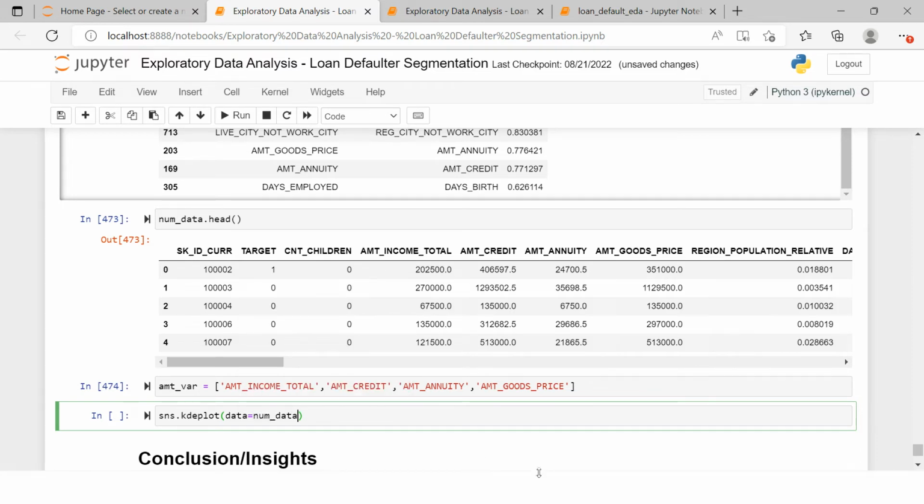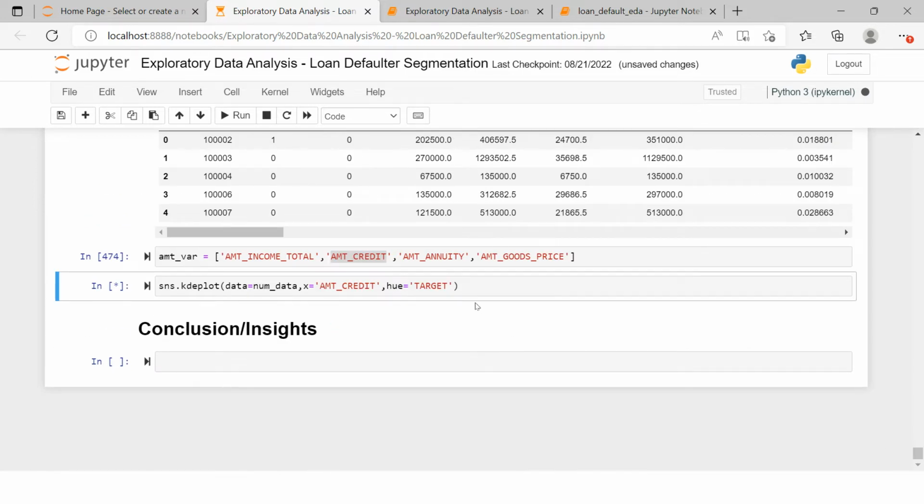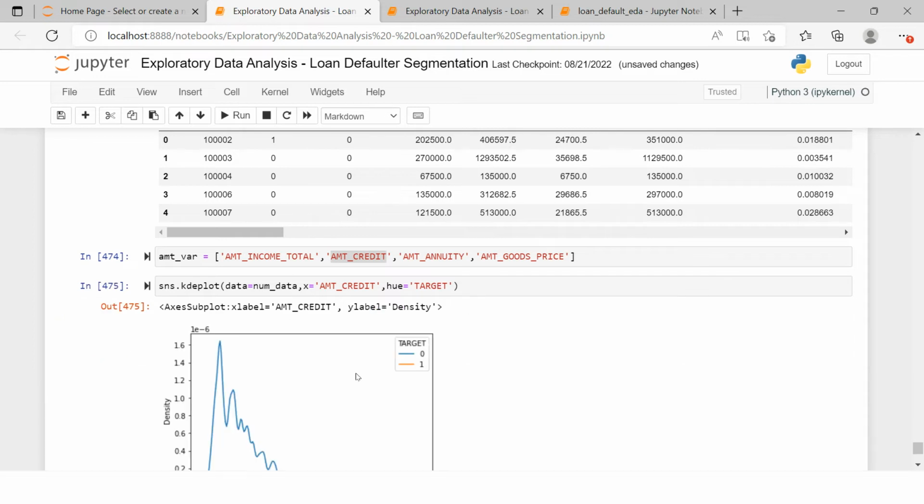I'm going to take the subset of the data with numeric variables only, and on the x variable I will put amount credit, and let's see what we get. In the hue I will use the target variable, so that it will give us an idea how the default is happening by credit amount.